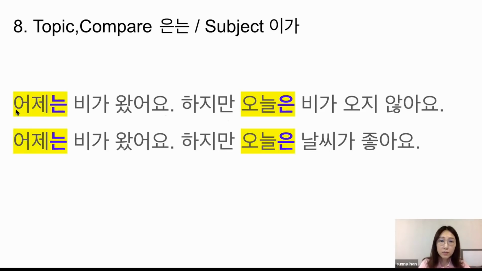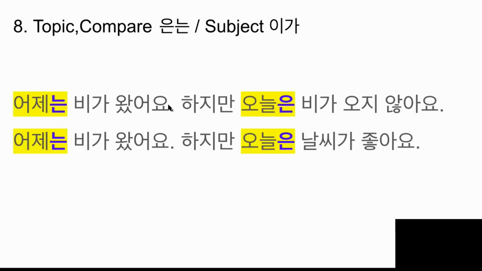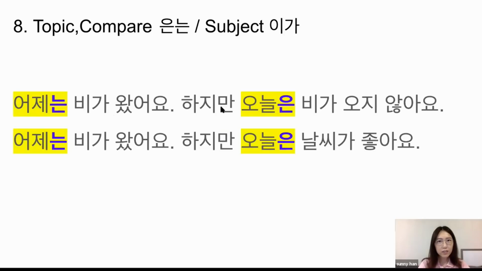So, 어제는, it was raining yesterday. 어제는 비가 왔어요. 어제는 비가 왔어요. But, 하지만 오늘은 비가 오지 않아요.